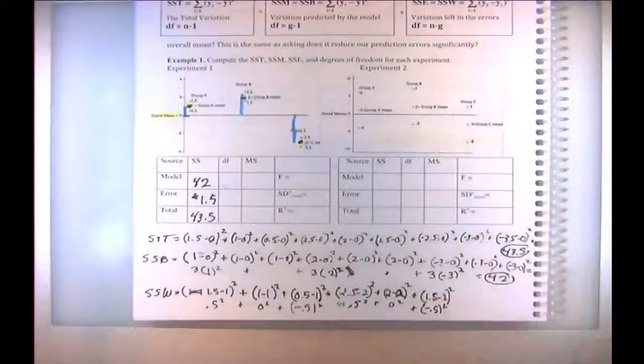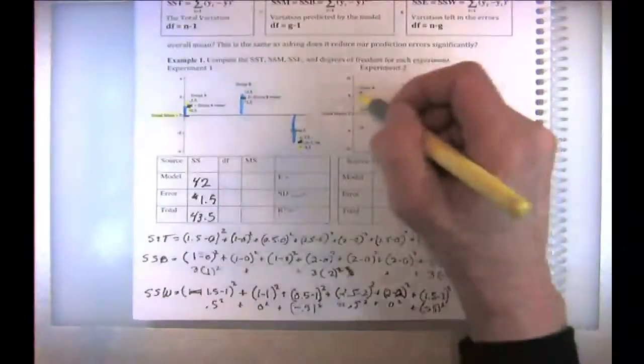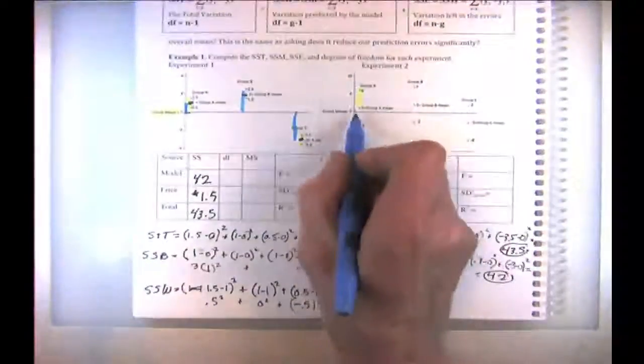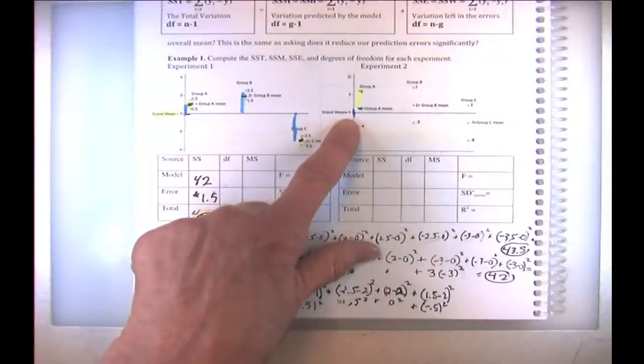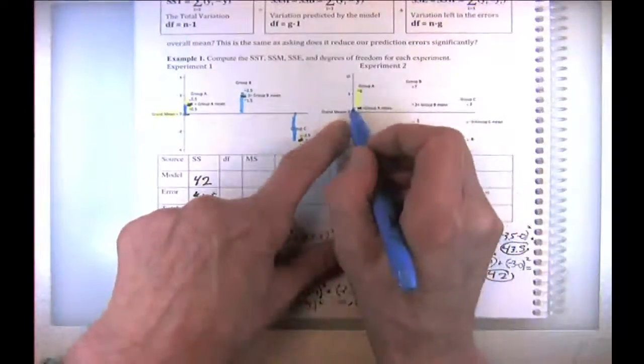And you can see you're going to have much, much bigger errors. Look at that difference. Your model is going to be the same. It's on a different scale, but here's your model. Your group mean is still 1, so your model's still going to be 1. But look at this error. It's 5 instead of 0.5. I made it 10 times as big.